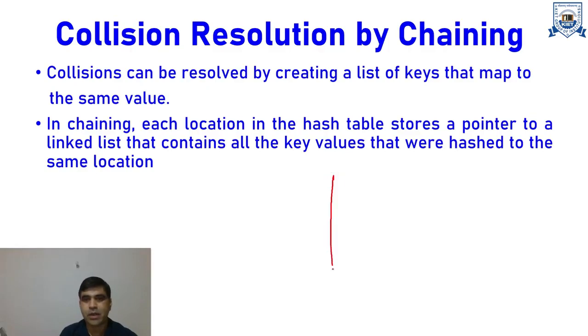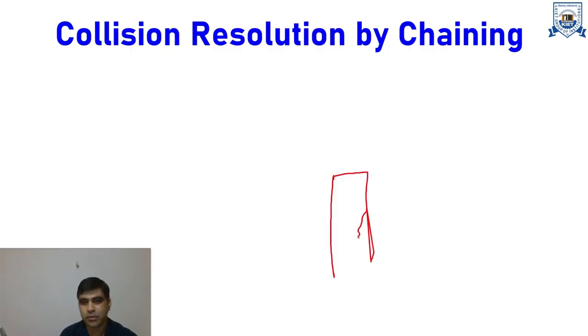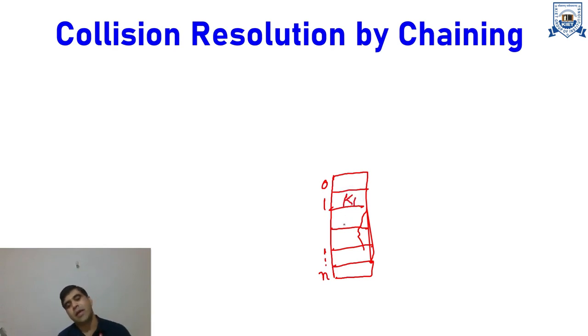For example, let's suppose this is your hash table, starting from some address location 1, 2, up to some n. Let's suppose some key k1 is already stored by the hash function at this particular location. Now the second key k2 is also mapped onto this index a1.